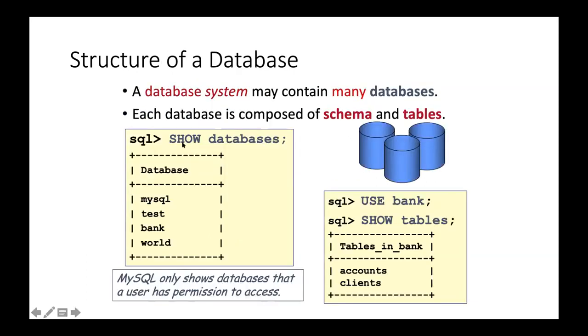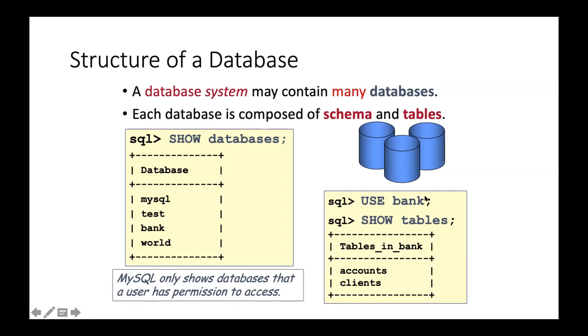Now this is the command to see databases. Show databases is what you use to see the different databases which are there in the system. Once you know these are the databases, suppose you want to use the bank database, you will write use bank. Just now I showed you how it highlights the database that you want to activate. Once you have given this command, it remembers whatever you have told it. If you have told it to use bank and then you say show tables, it will show you all the tables in the bank database.